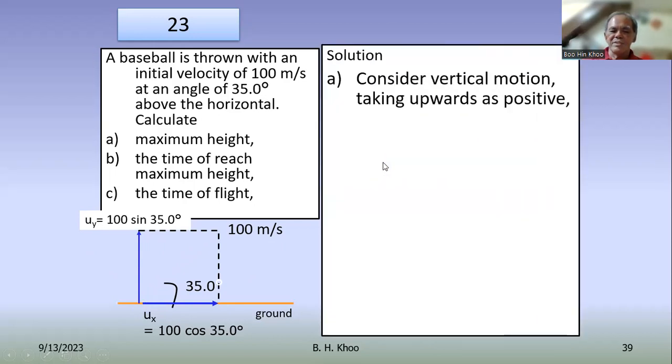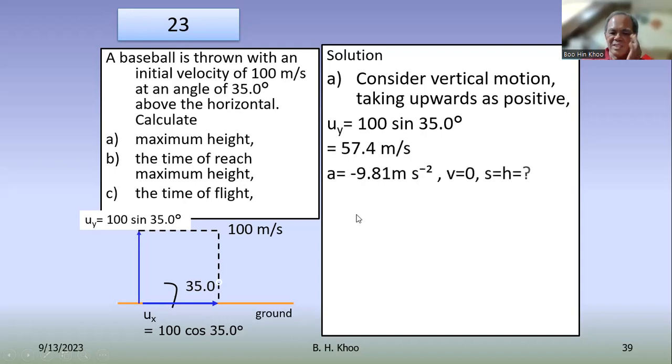It's easier to take outwards as positive, but it doesn't mean you have to; you can take outwards as negative. It's convenient because we start with that. Calculate using calculator. g is downward, so you get a negative sign there.